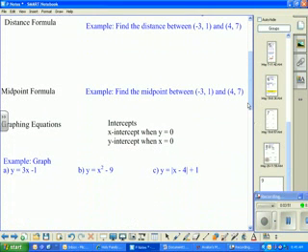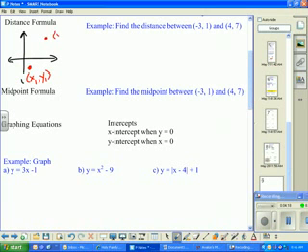Oftentimes we'll want to know the distance between 2 points. So let's draw here. There is a distance formula that we're going to derive here. So let's say this is one of our ordered pairs, x1, y1.